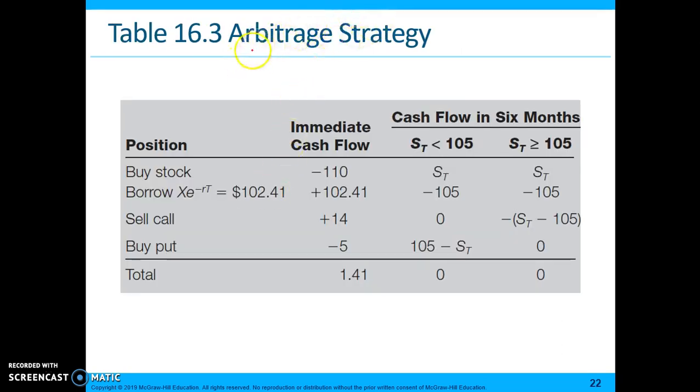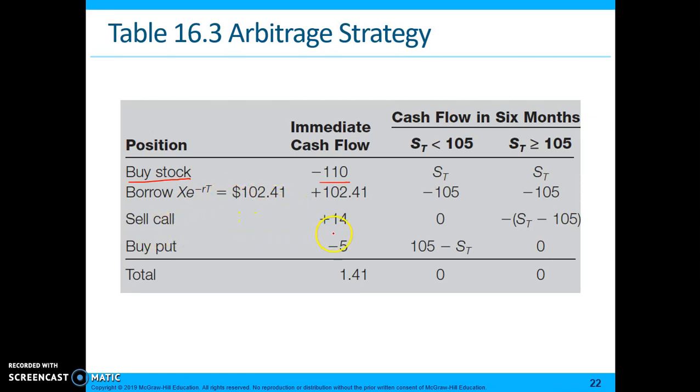This is an example of an arbitrage strategy where you buy the stock. So in this case, we're buying the stock at 110. The strike is 105. We borrow the strike price. In this case, it's continuous compounding. So we multiply the strike price by the exponential to the power of the risk-free rate multiplied by time.